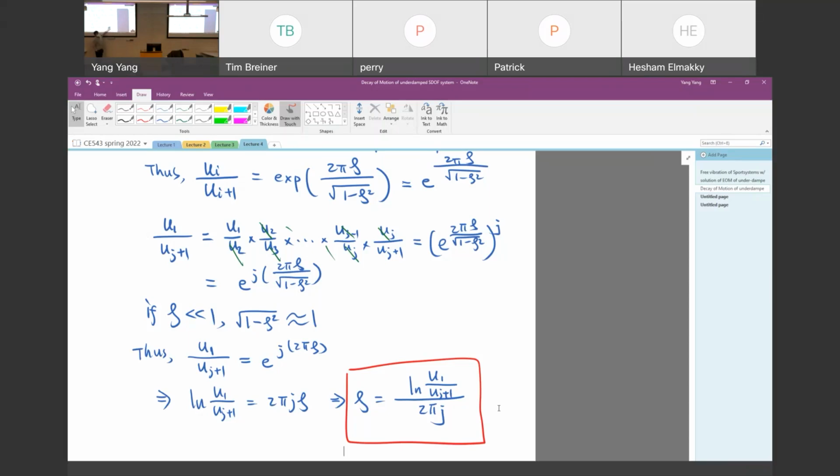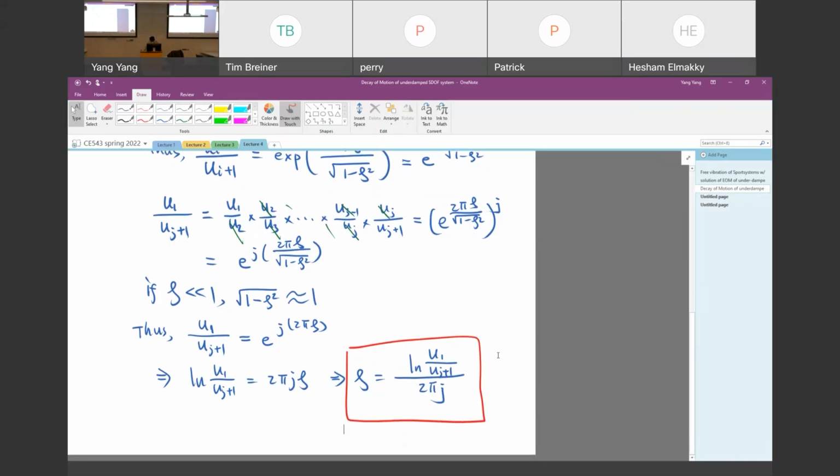U1 is the peak of your first cycle, and you have the data of the displacement, and this is the displacement of the 1,000th cycle. Yes, correct. Let me further explain that here.